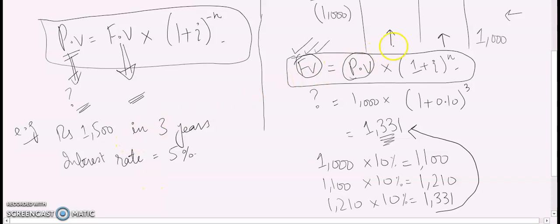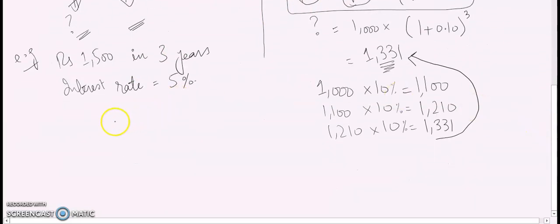So, my dear friends, you know that in 3 years' time, for some future expenditure, you need 1500 rupees, and if someone will lend me money, your bank or someone else, he will charge me 5% today.